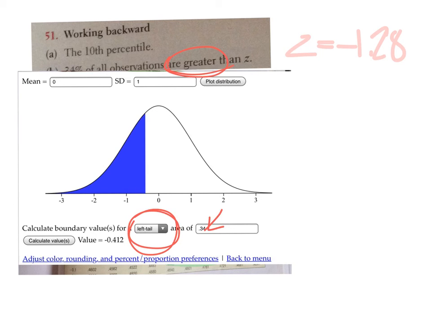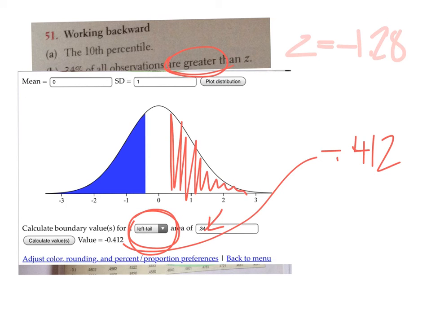Obviously, this gives me a negative z-score, negative 0.412. But if I wanted the one that was greater, the nice thing is at least it's symmetrical, right? So for the 34% in the right tail, the z-score is going to be positive 0.412.